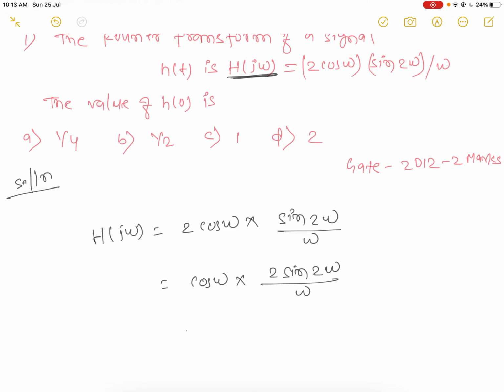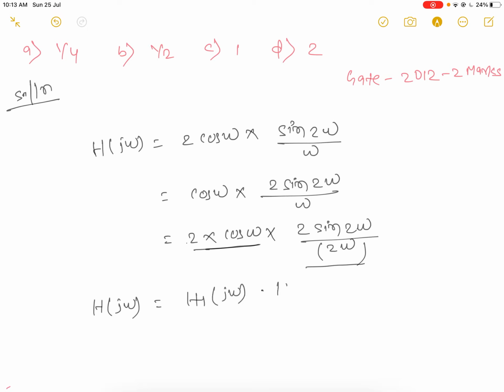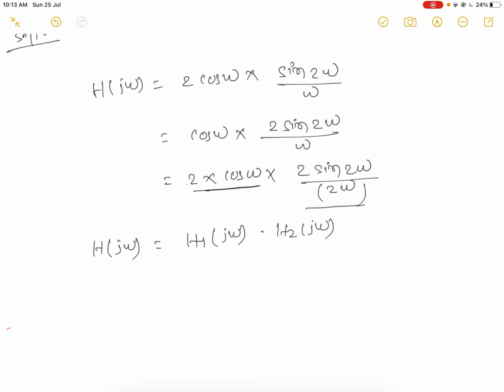Now we can write it as 2 cos ω · 2 sin 2ω / 2ω. Now consider this part is H1 and this part is H2, so H(jω) = H1(jω) · H2(jω). Those are the two signals, H1 and H2.